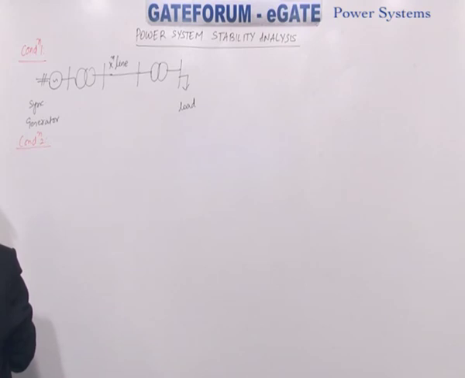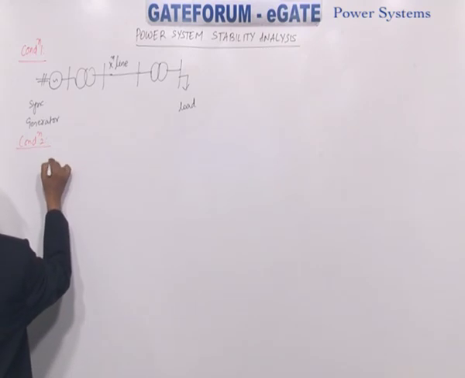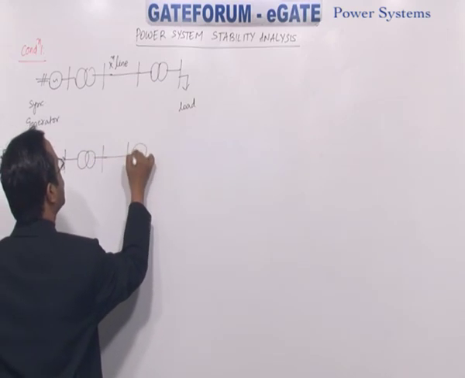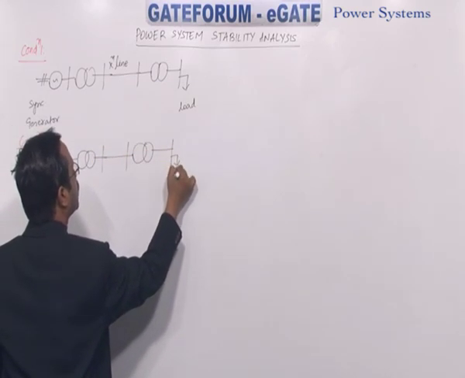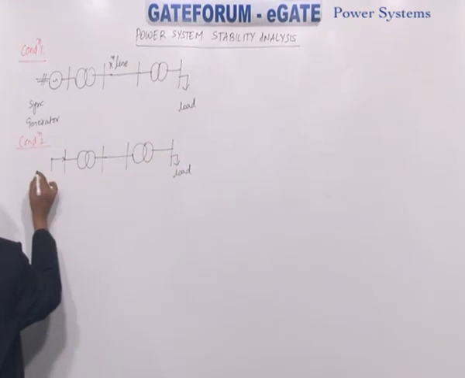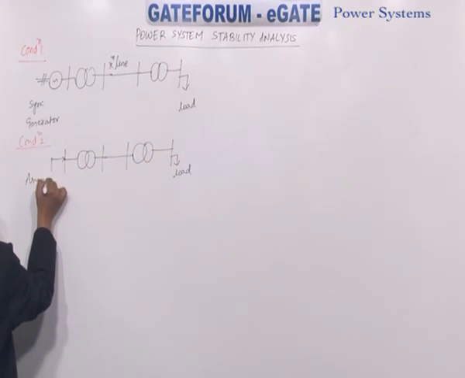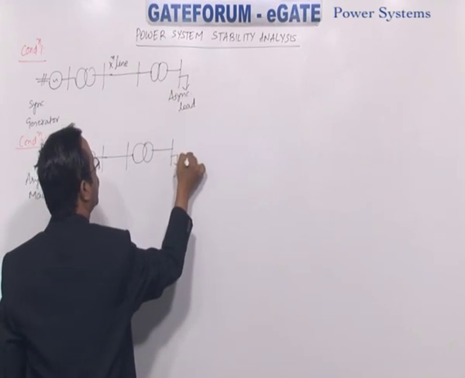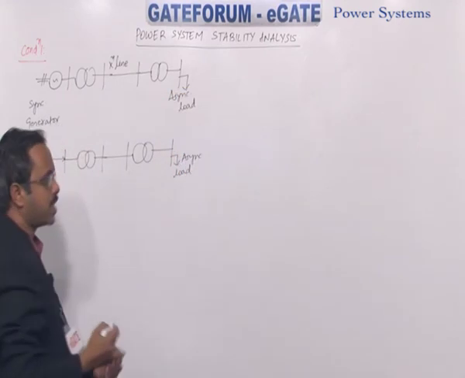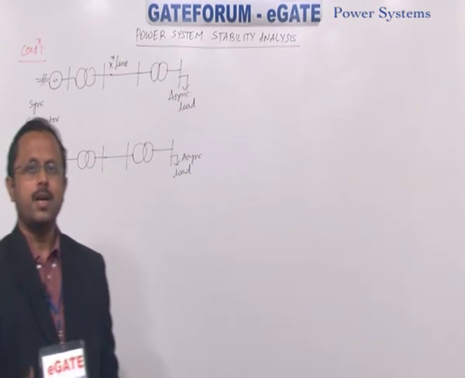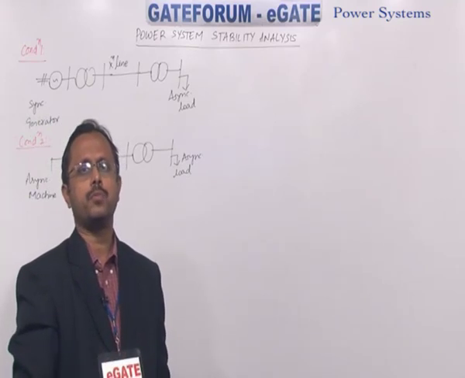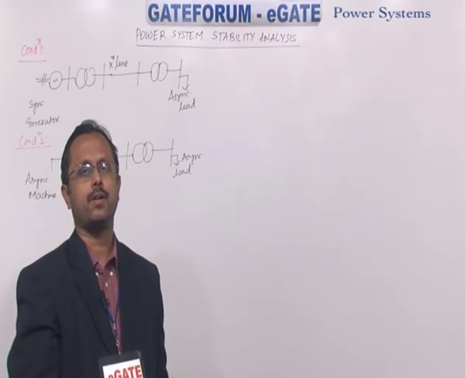Now we have condition 2. Step-up transformer, step-down transformer, load here. Now we are having a synchronous machine. Which type of load is here? Asynchronous load. What do you mean by asynchronous load? Electrical heaters and induction motors are a few examples of asynchronous load.